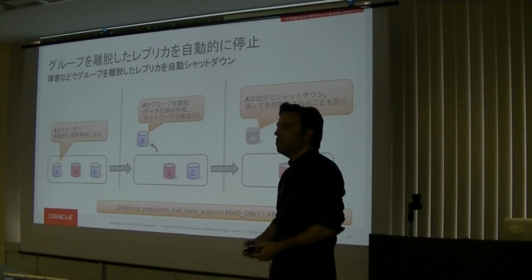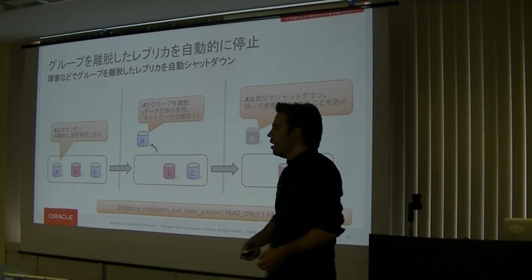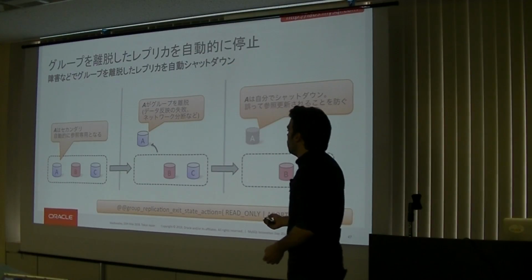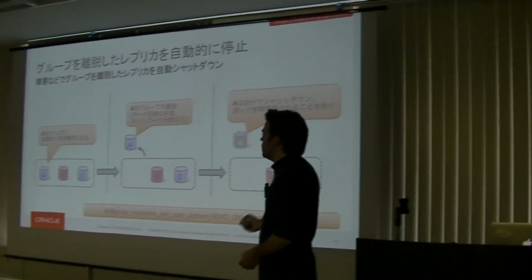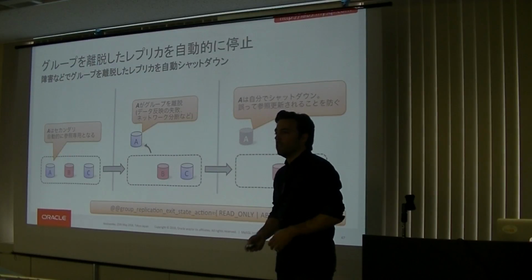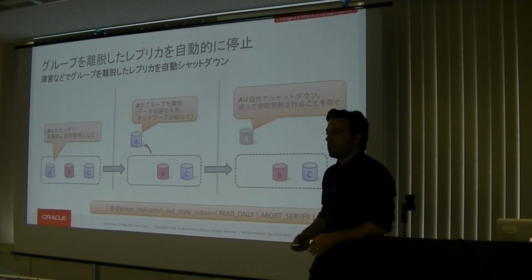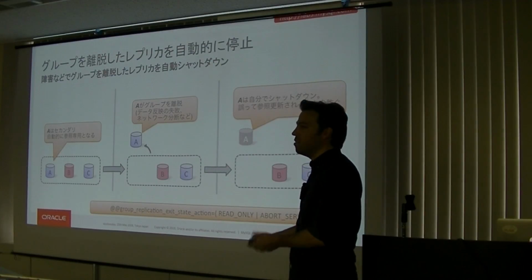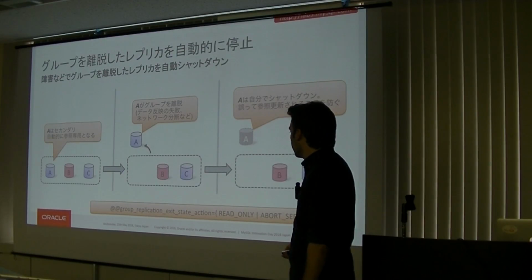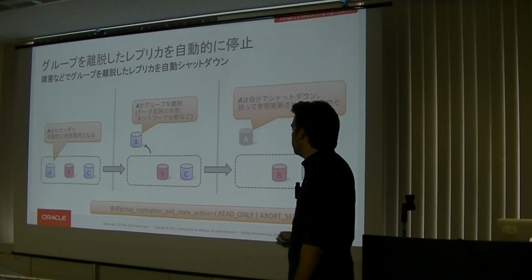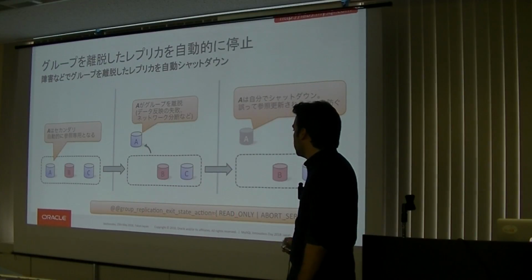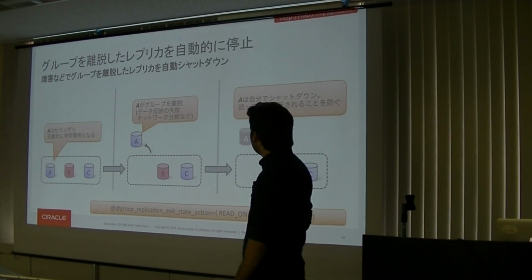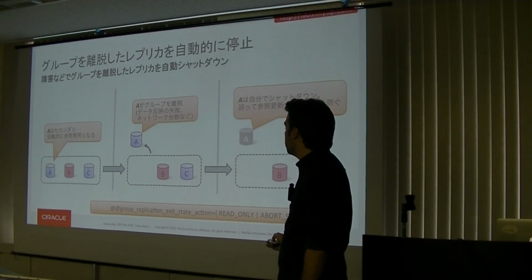So if it happens to fall outside of the group involuntarily, the server will automatically abort and shut itself down because it's run into some critical condition and it's unable to continue. You can control this behavior with this system variable.